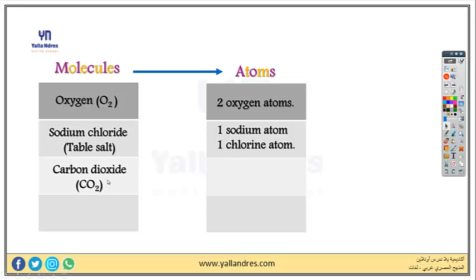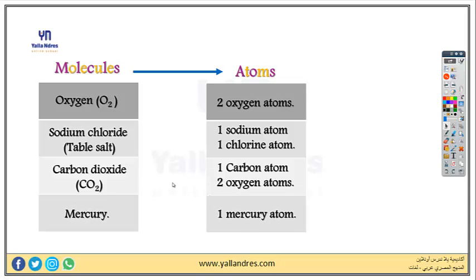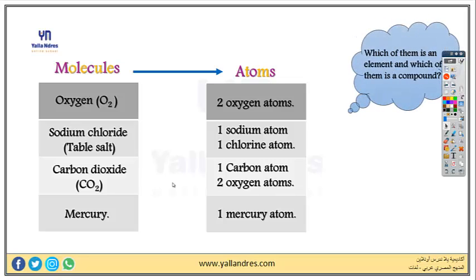Carbon dioxide gas, if we look at the symbol, consists of 1 carbon atom and 2 oxygen atoms. The last one is mercury, which consists of 1 mercury atom. So the question now is, which of them is an element and which of them is a compound?